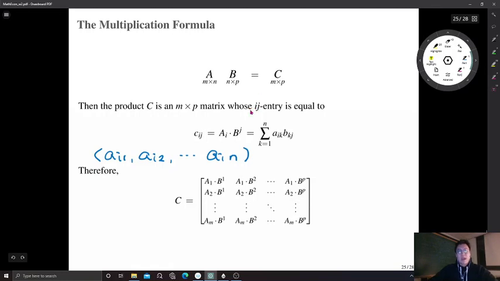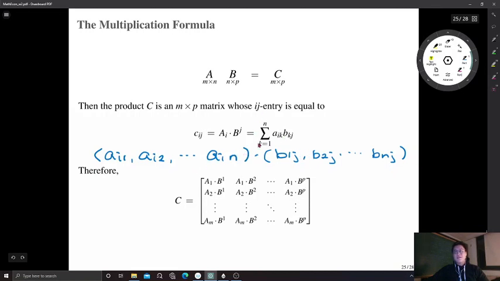Okay, and B super j is the jth column vector of matrix B. Okay, and that is a column vector: B1j, B2j, and it goes to B sub nj, because there are n rows in matrix B. Okay, so C sub ij is the dot product of these two vectors.